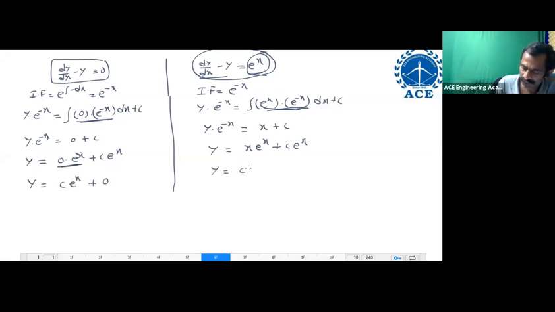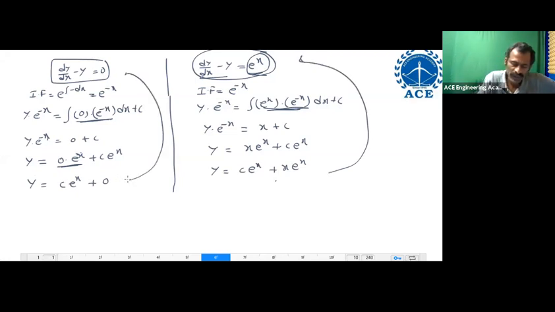For the second, y equal to c e power x plus x into e power x. This is the solution of this equation, and that is the solution of the other equation. Both are linear first order, and one is homogeneous, the other is non-homogeneous. Now observe their solutions and tell me the difference between them. There is one difference between their solutions.